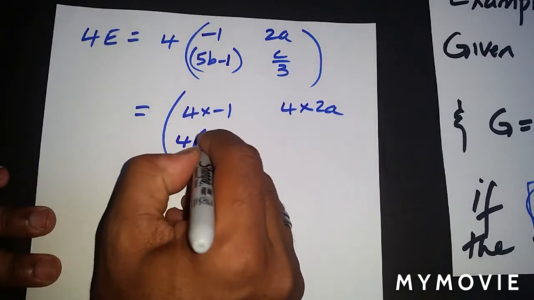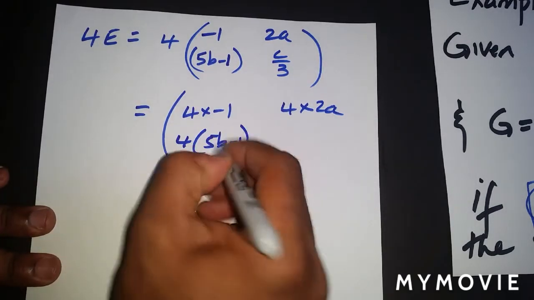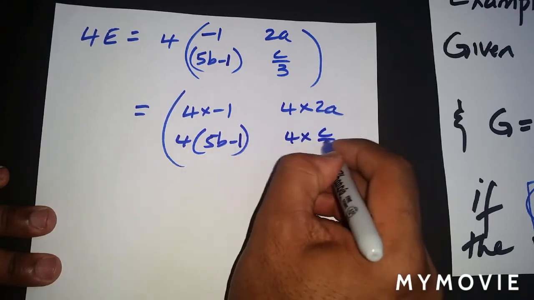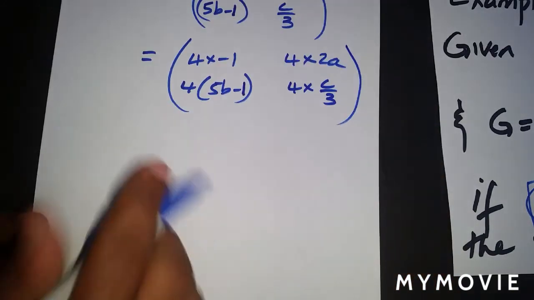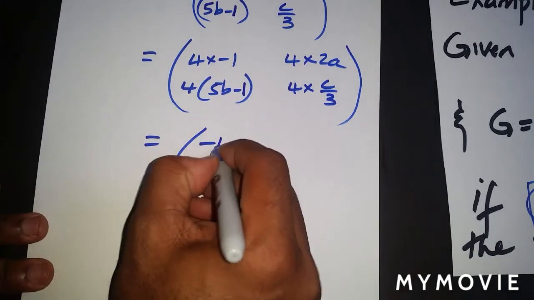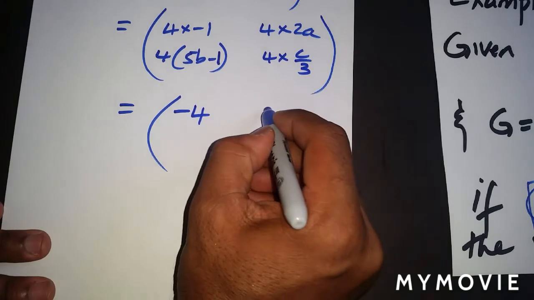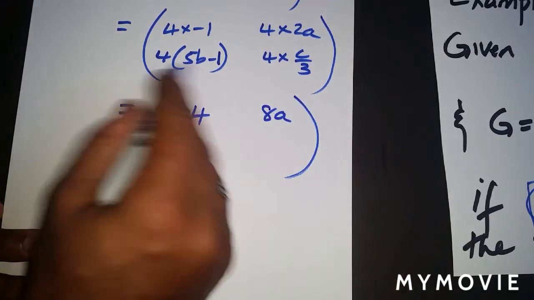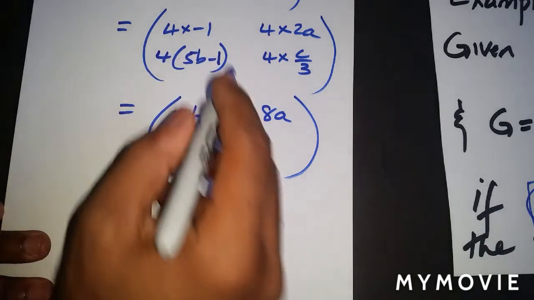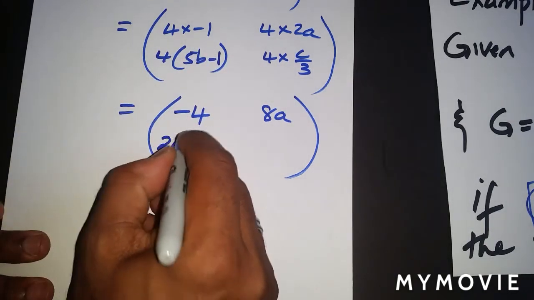And we have 4, open bracket, 5B minus 1. Remember, the brackets are important right there. And 4 times C over 3. All right, so what we should have here is 4 times minus 1 is minus 4. 4 times 2A is 8A. 4 times B, 4 open bracket, 5B minus 1 means expansion there. So 4 times 5B is 20B.